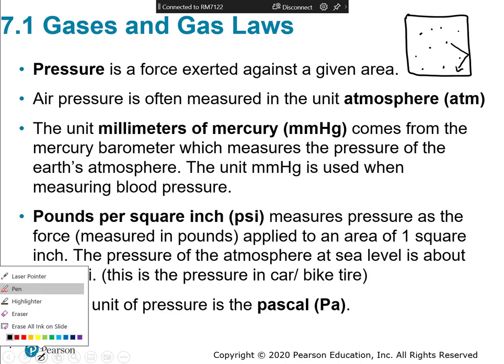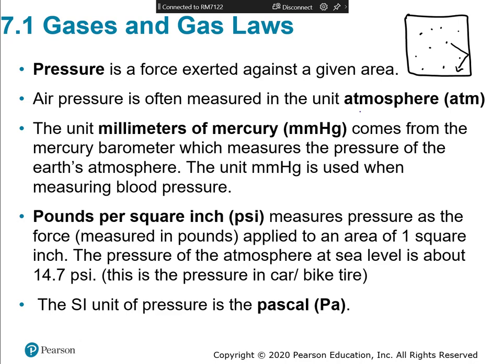The units that they use for pressure are atmospheres, ATM. That's one we use a lot. Then there's millimeters of mercury, mmHg. So millimeters of mercury, or inches of mercury if you're talking about the old standard English units, is really what they use in weather systems.